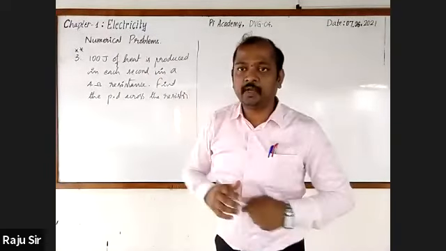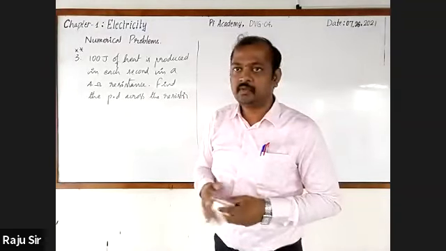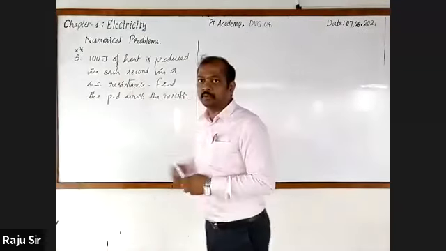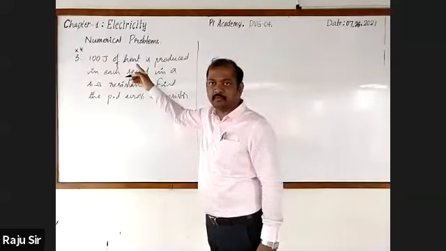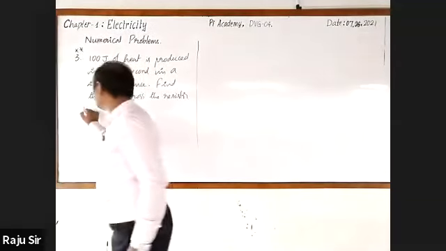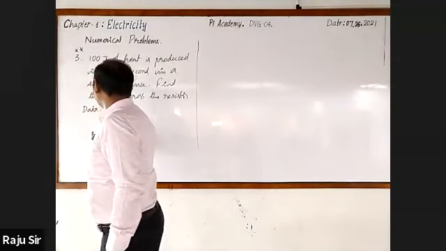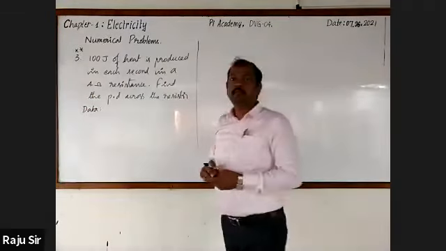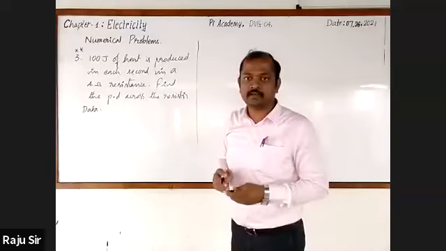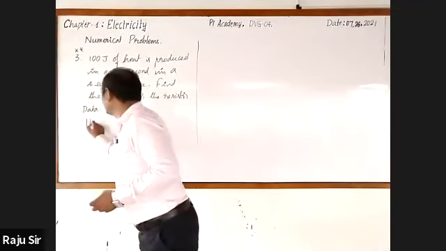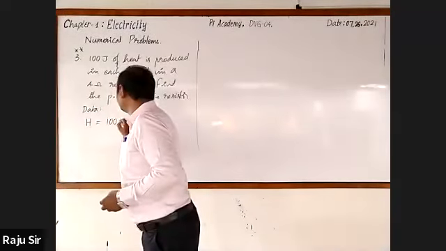So we need to find out the electric current. Look at the board. First, let's write the given information. Data. 100 joule of heat is produced. Heat energy is already given: H = 100 joules.